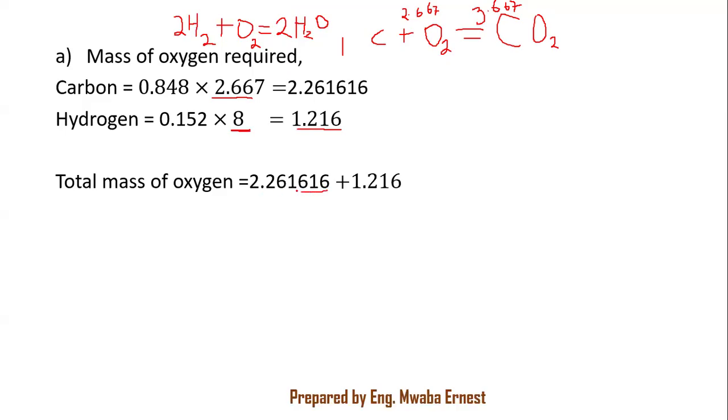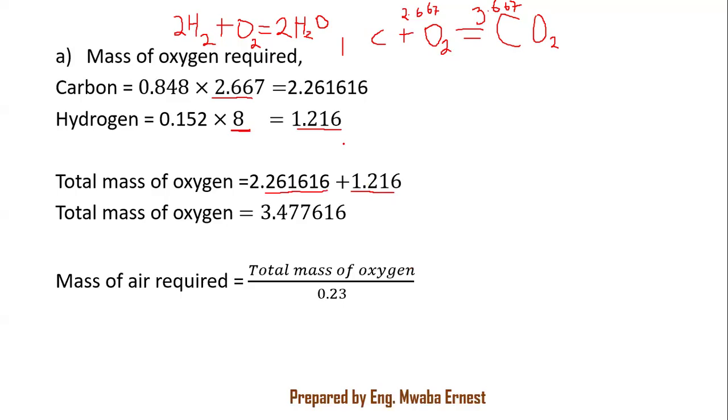Don't worry about my length of decimals there, they'll be trimmed as we go. Then you add with this other one here. What you get for oxygen now is 3.477616. This is our total mass of oxygen.